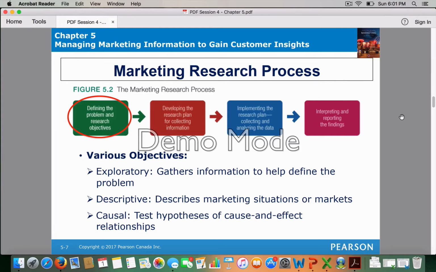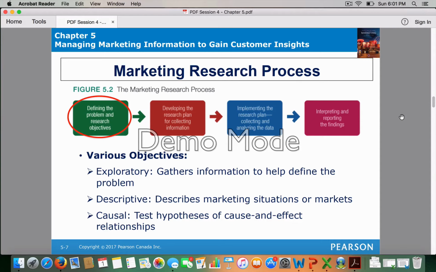And then the last type of objective for research is called causal research. And causal research is all about testing the cause and effect relationships between various variables in your business transactions. So for example, if I raise the price of my product by $5, what happens to the volume of product that I sell?